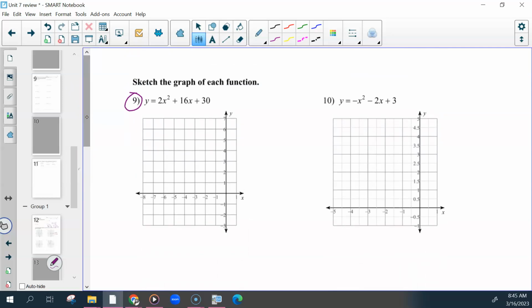So with these, you'll need to show how you find the vertex, whether that's algebraically, write the words found on the table, found in the graph, show me how you found the vertex. How do you want to find the vertex of 9: algebraically, in the graph, or on the table? You guys choose. Algebraically, graph, table. Pick one.